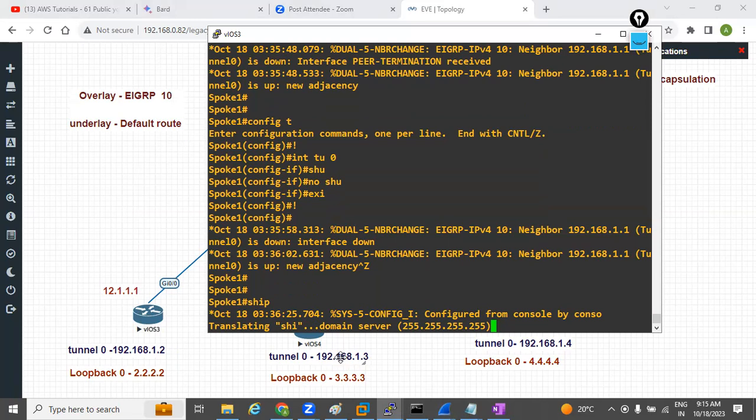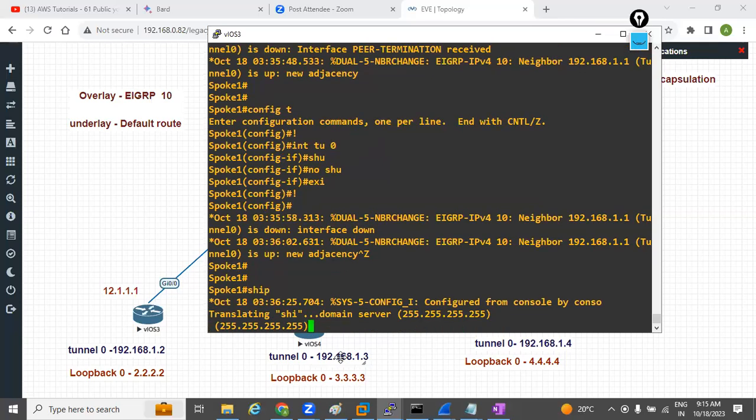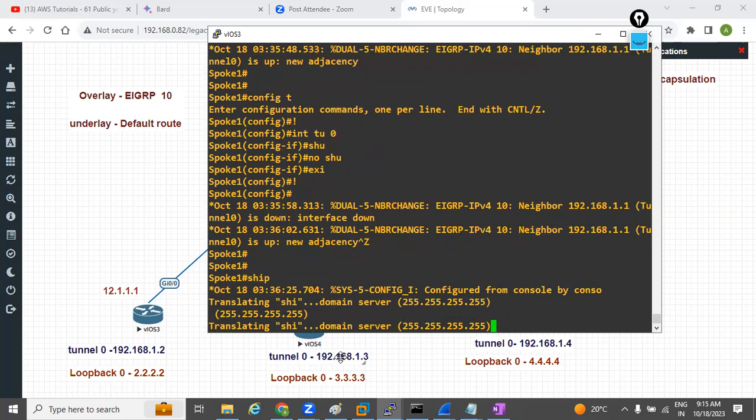I'm not disabling split horizon, because if I disable split horizon, then there won't be any communication. The reason is that the hub will not share the information of spoke 2 with spoke 1, and spoke 1's information to any other spoke. So that is just to enable that communication.